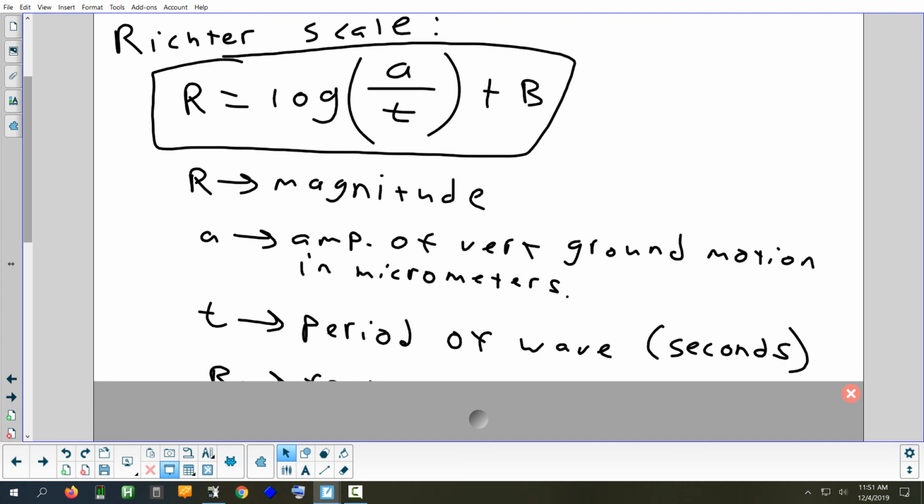T is the period of the earthquake wave. And if you're thinking, what do you mean wave? Well, imagine you took a rock and threw it in the middle of a lake. Where that rock hits, think of that as the center of your earthquake. From that point, a wave comes out.